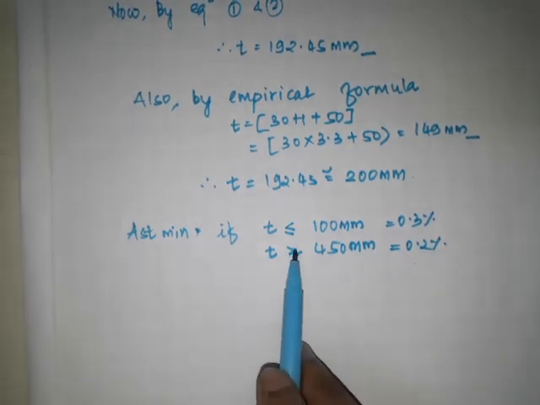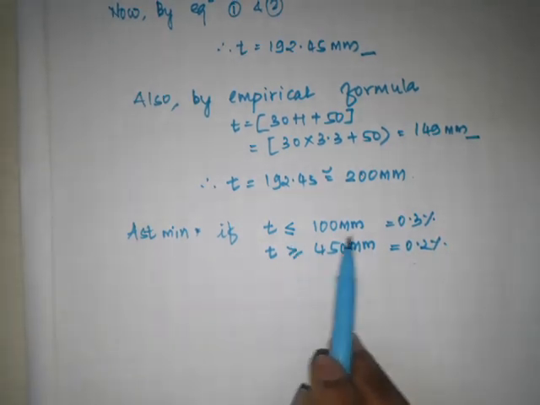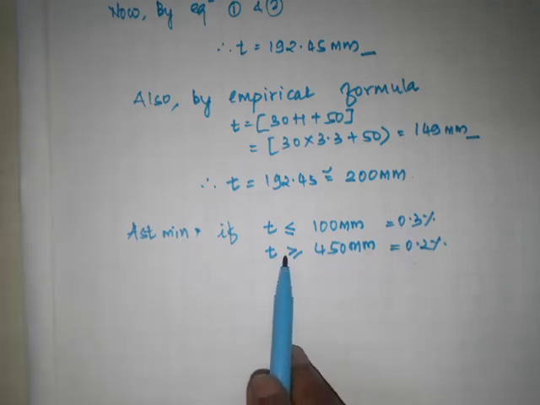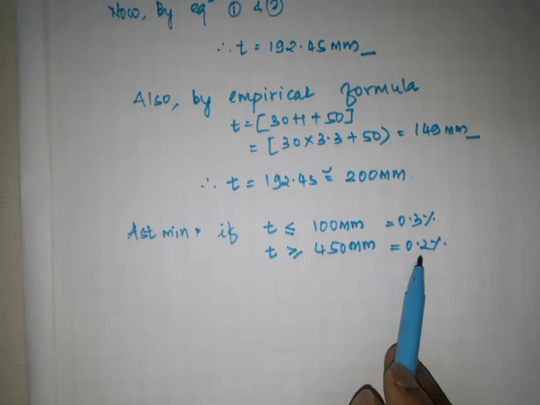So if the thickness is less than or equal to 100, you have to use 0.3%, and if T is more than or equal to 450 mm, you have to use 0.2%.